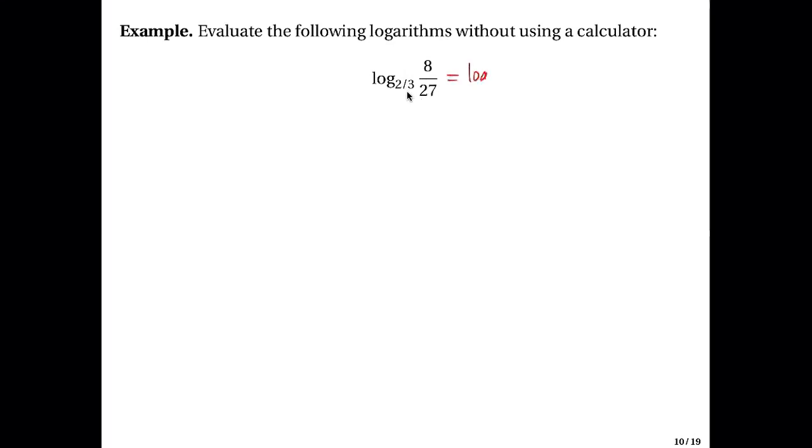So try to check that 8 over 27 is actually 2/3 raised to power 3. So this guy here is equal to log of 2 over 3 raised to the power 3 with base 2 over 3. Which means that this is equal to 3.